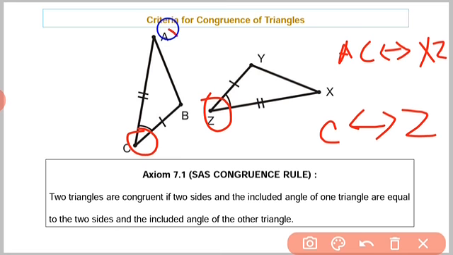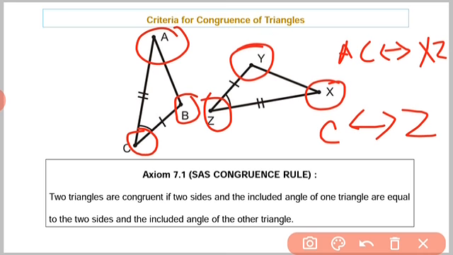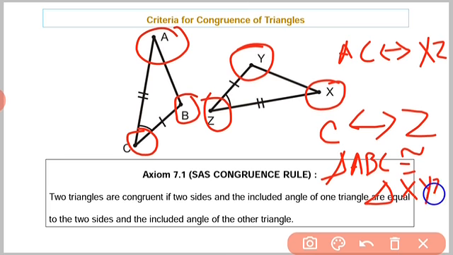That means angle A corresponds to angle X and angle B corresponds to angle Y. So how do we write the congruence symbol for this? Triangle ABC is congruent to triangle XYZ.